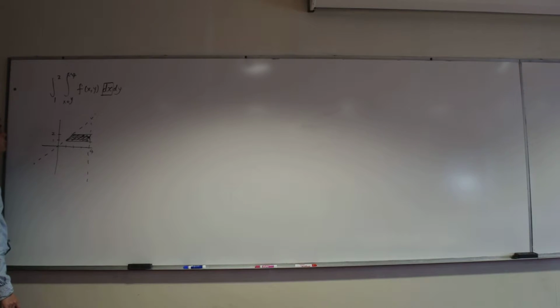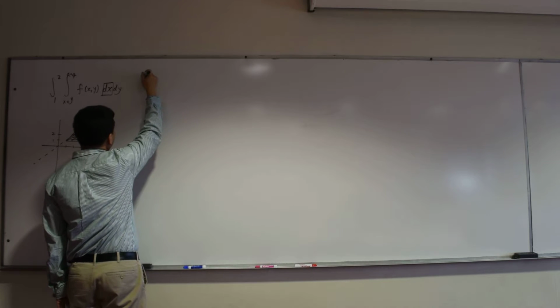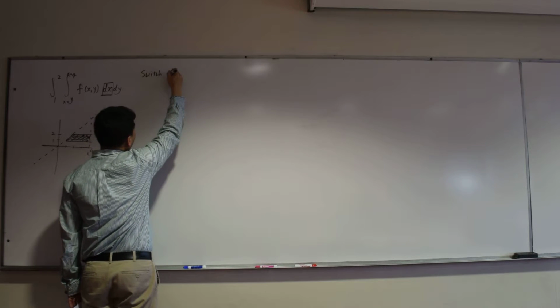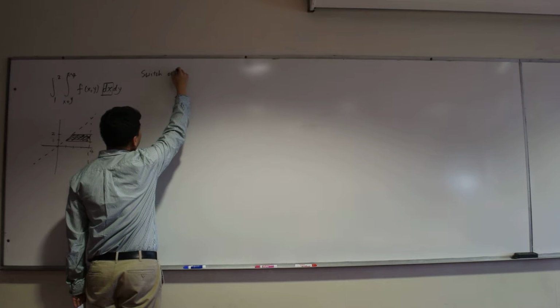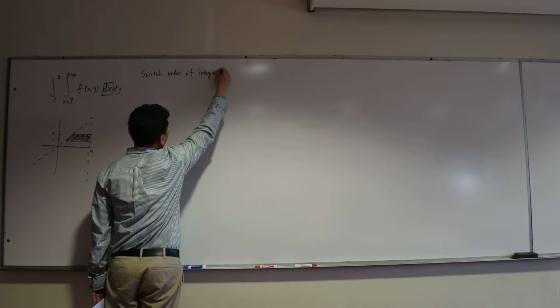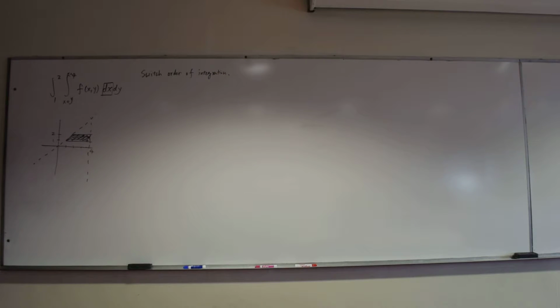Now we have to try to paint this upwards, because the question is, I should have stated the question first. Switch the domain of integration, switch the order of integration. So I need to go from dx dy to dy dx. All right, so we're trying to paint this upwards.